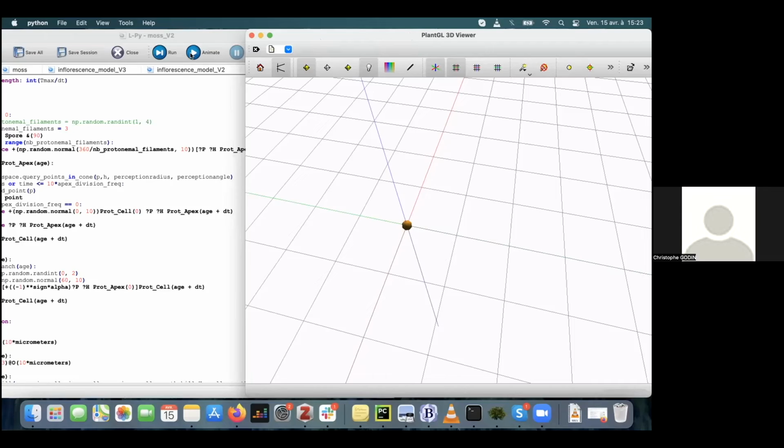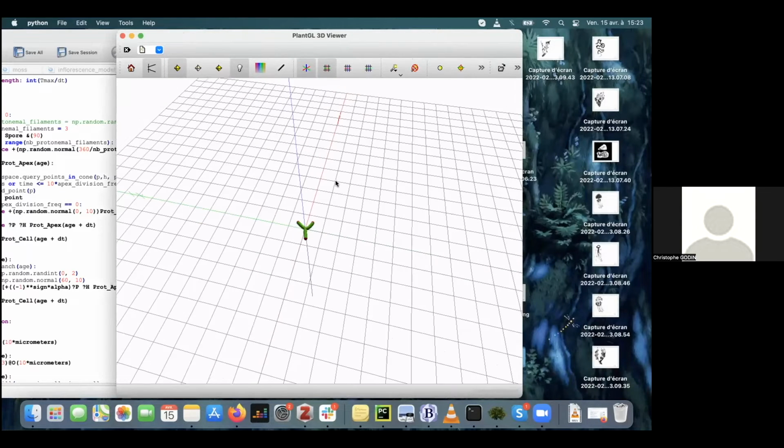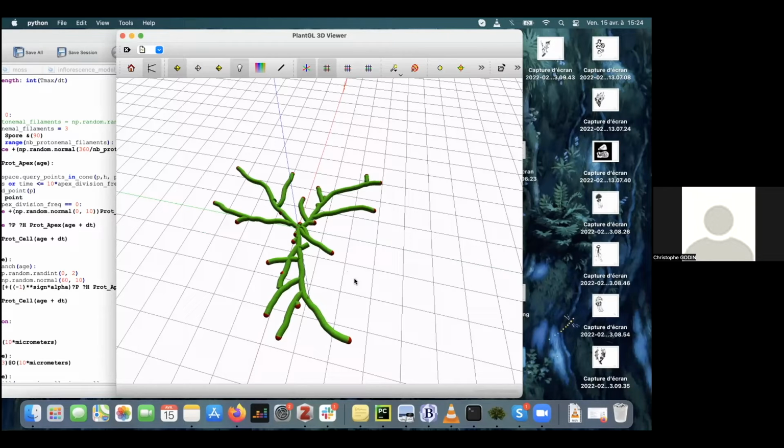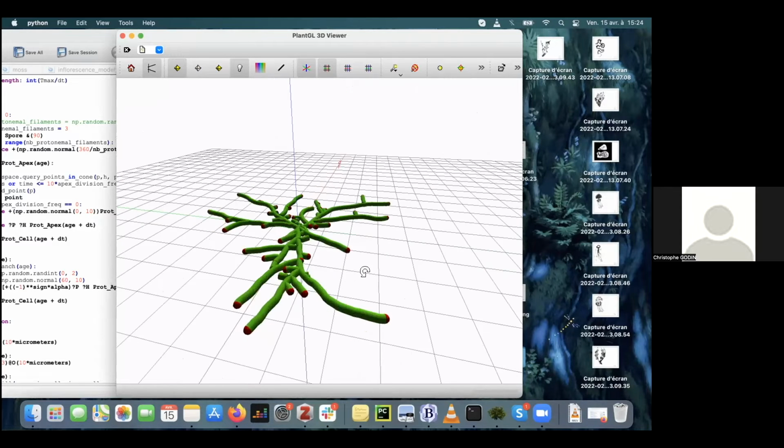If I play, we're going to see the filaments growing. There is some branching, which is also defined by a probability function. Basically that's it. The next step would be to make the leafy shoots grow in 3-dimensional space, because for now it's just on the 2D plane.